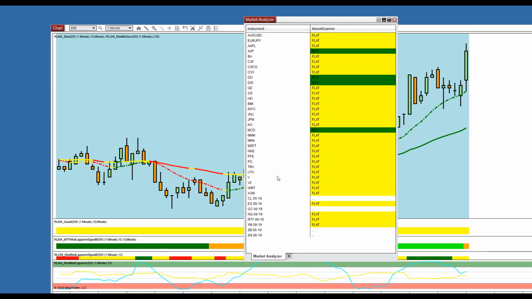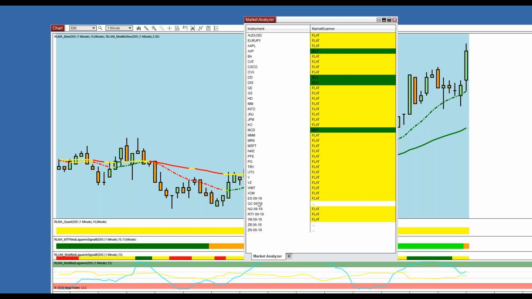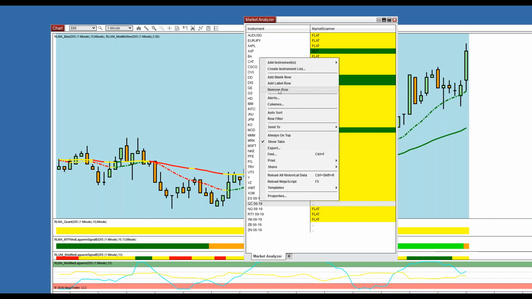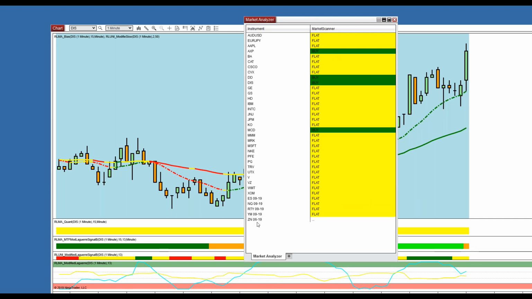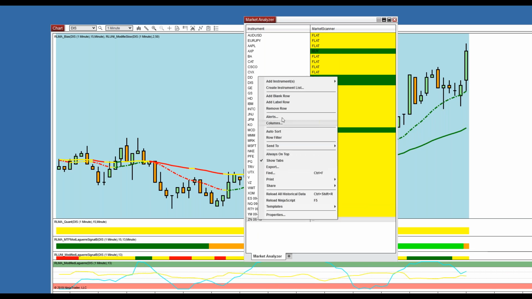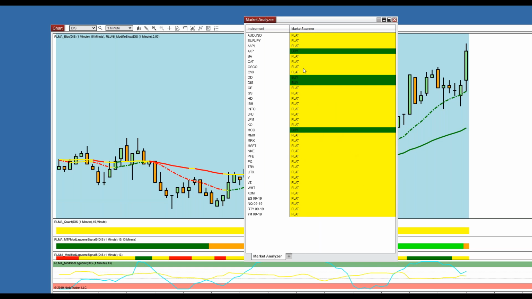Let's say you don't follow crude oil, you don't have a data feed. You just take it out. You don't have a gold data feed. You take it out. You don't have a bond data feed. Now I just put in this thing as a basket, but you can always remove it row by row. So it's very, very easy to format.